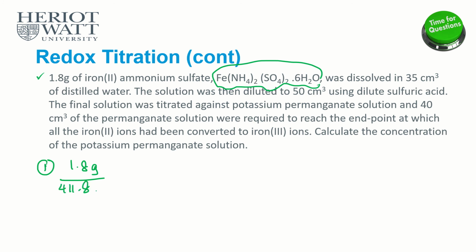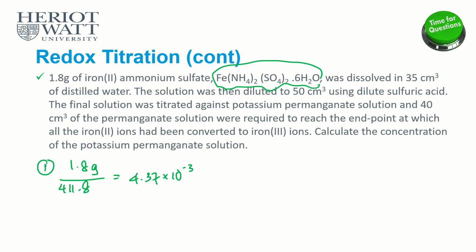That's the molar mass, right? So from here we can get the moles: 1.8 divided by the answer, 1.8 divided by 411.8. You get 4.37 times 10 to the power negative 3.